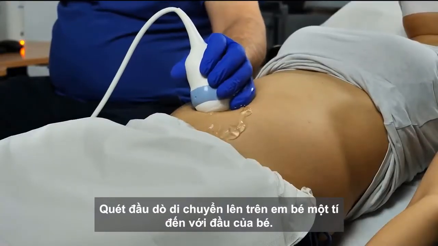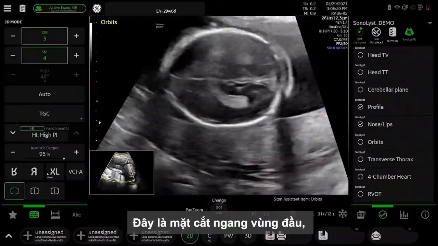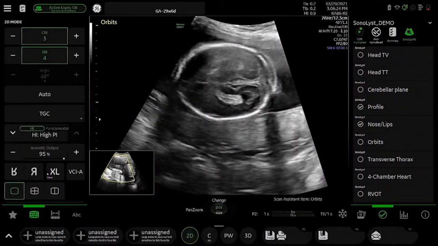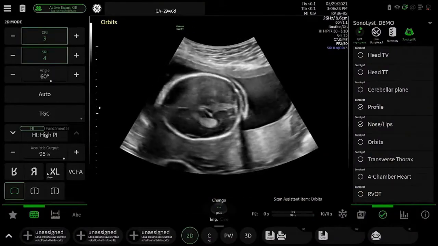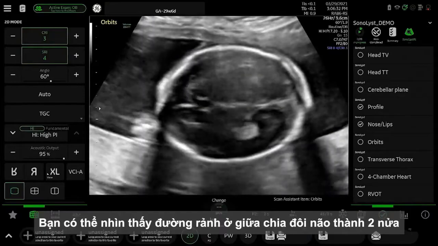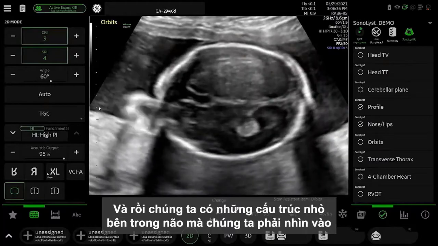So I move up the baby here a little bit, come to the head of the baby. So this is a cross section through the head. Can you see the line in the middle, which separates the two halves of the brain there? And then we have little structures inside the brain that we look at.